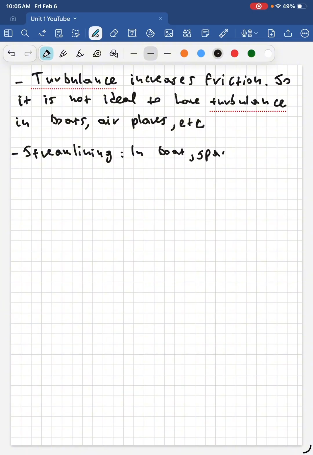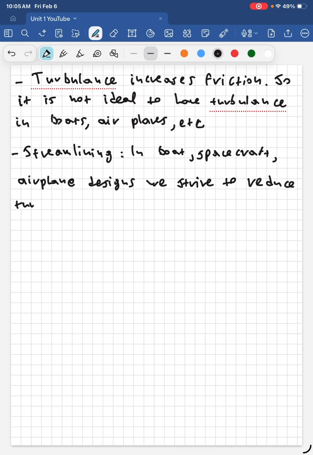So in boat, spacecraft, airplane designs, we strive to reduce turbulence and resistance to flow.